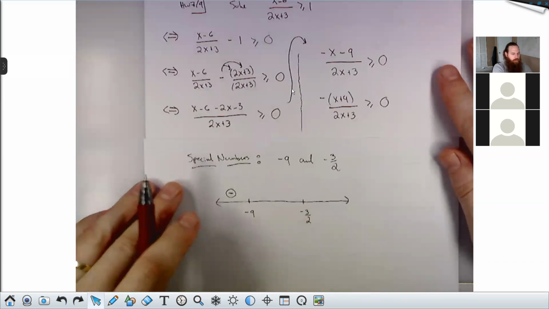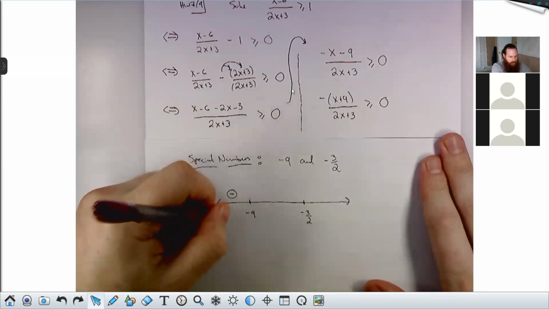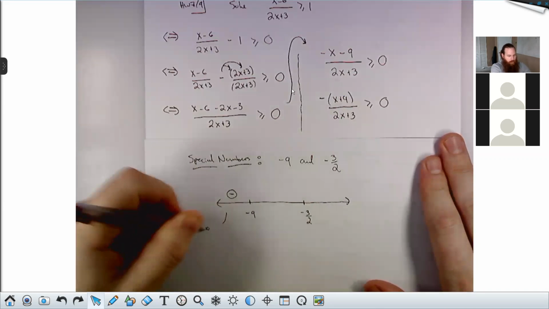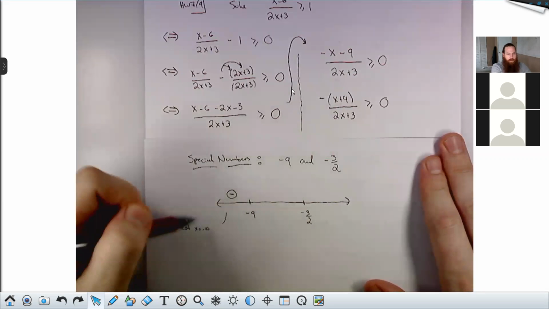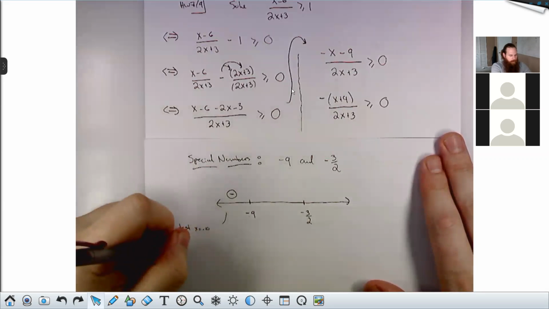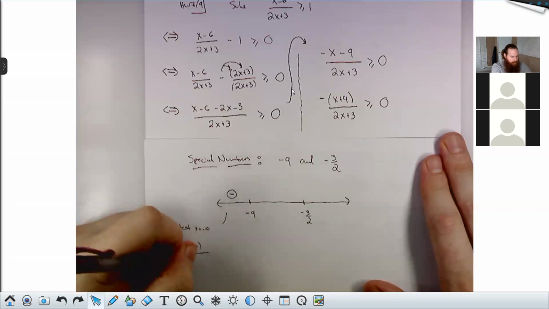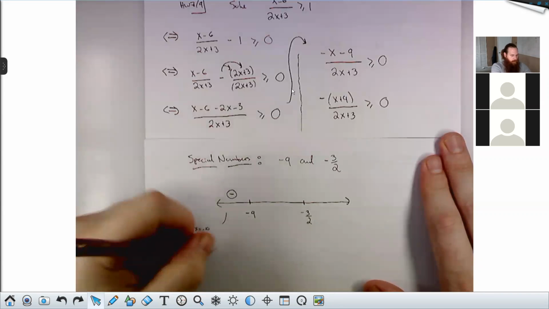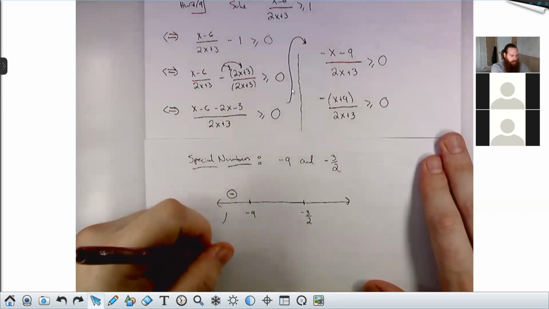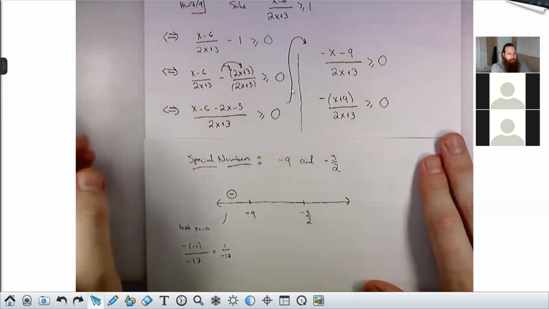Two ways of figuring out the sign here. We could test x equals -10, or anything to the left of -9. You could test x equals -20 or -9.5. When I do that, I get +1 upstairs over -17 downstairs, which is negative. So I write negative here.